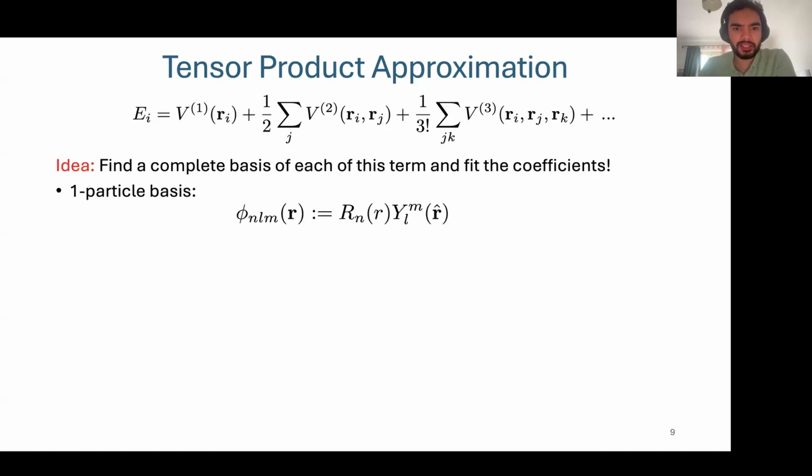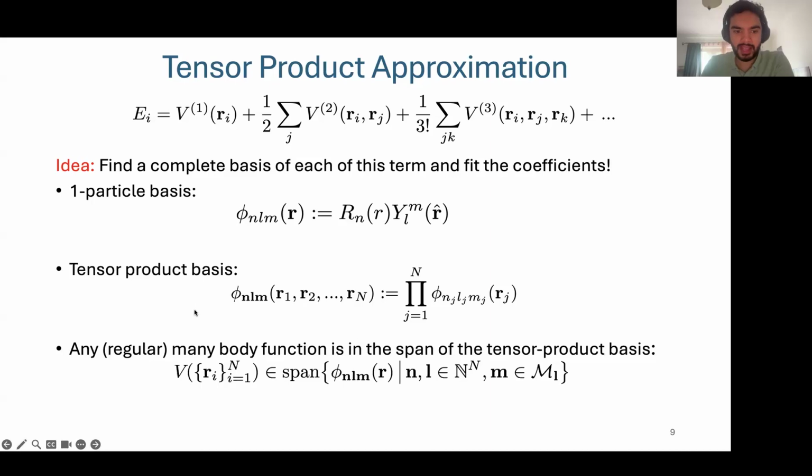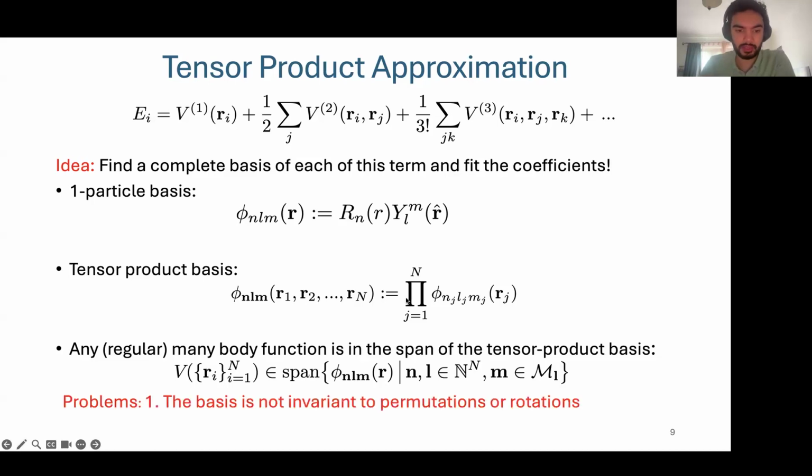You take a one particle basis, which is just a product of the radial components, so just the distances, and an angular component that you expand in the well-known spherical harmonics, and then you just take a tensor product of these, and you can show that if you take sufficiently high tensor products, you can approximate any of these body order functions.